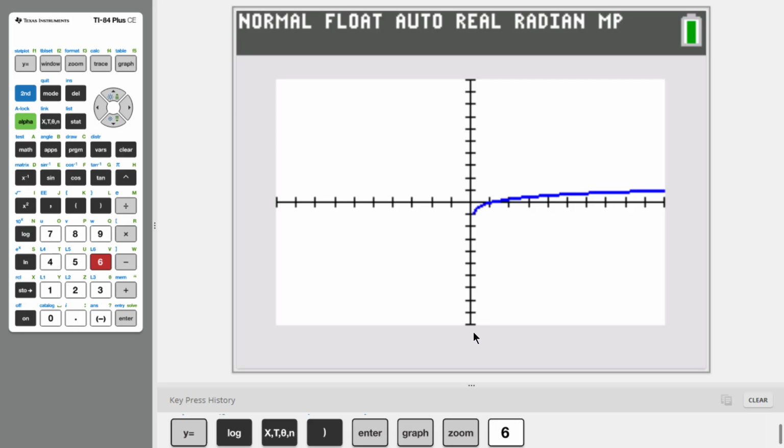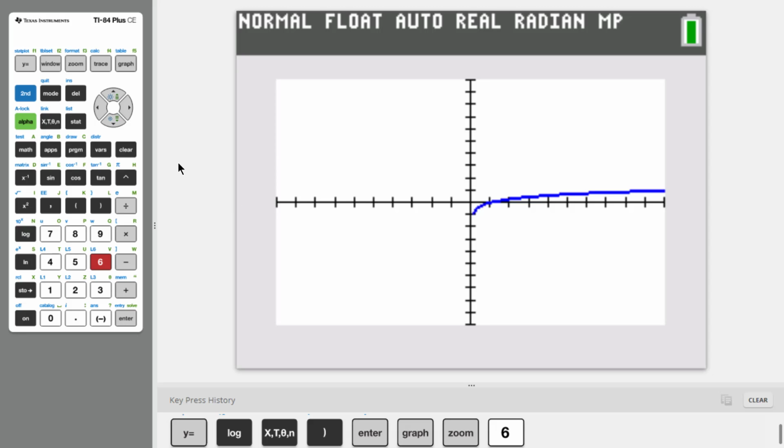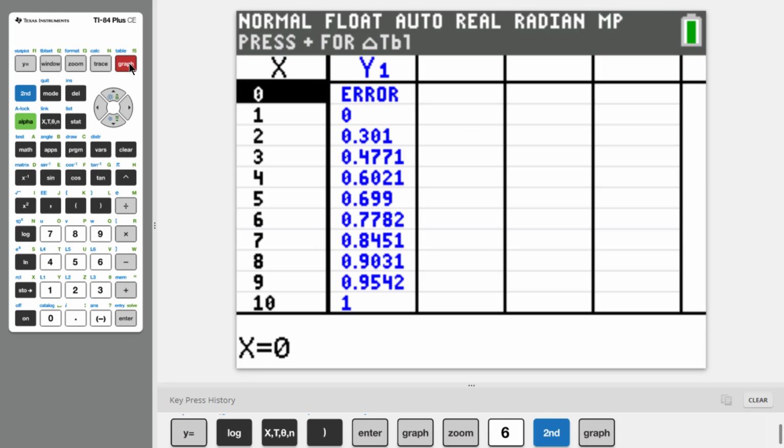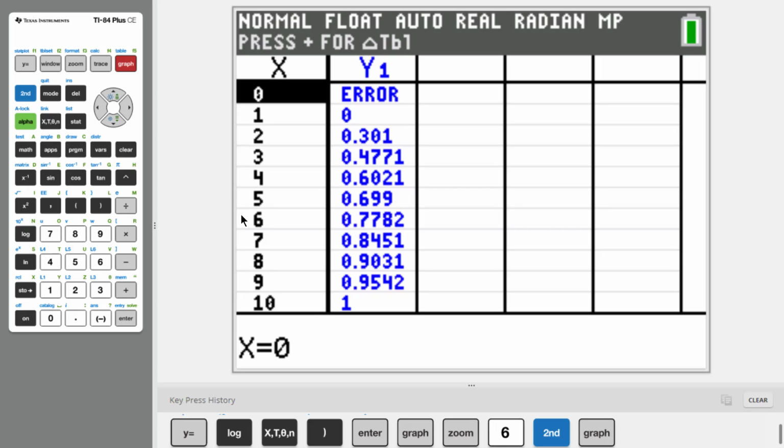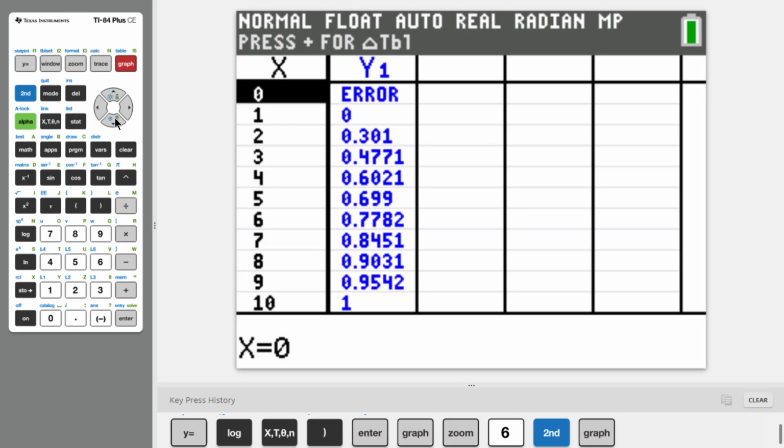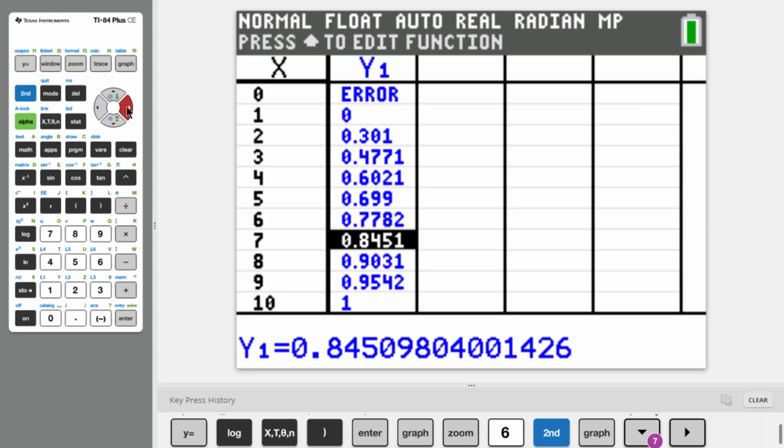Next, we're going to use the table function. To get to the table function, we press second, and then we hit graph. Now you should see an x and y chart with your x values and the corresponding y values. We need to find the corresponding y values to the x values of 7 and 10. For the corresponding y value of 7, in the column, we only see a 4 decimal digit. But if we highlight this y value, your graphing calculator will show you a longer decimal digit at the bottom of the screen.